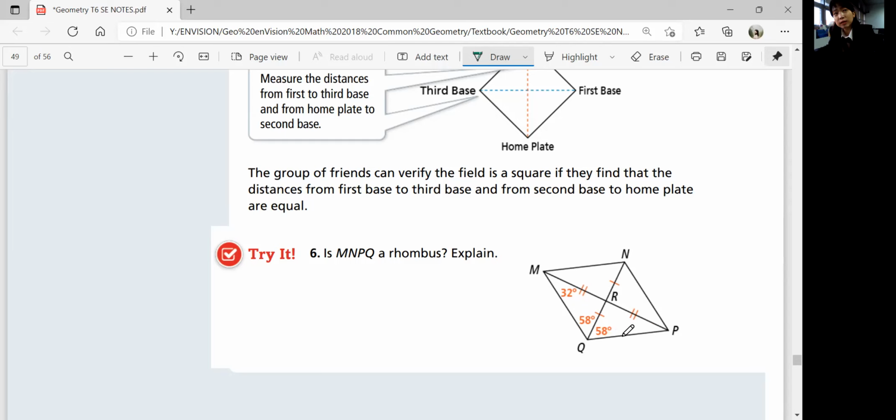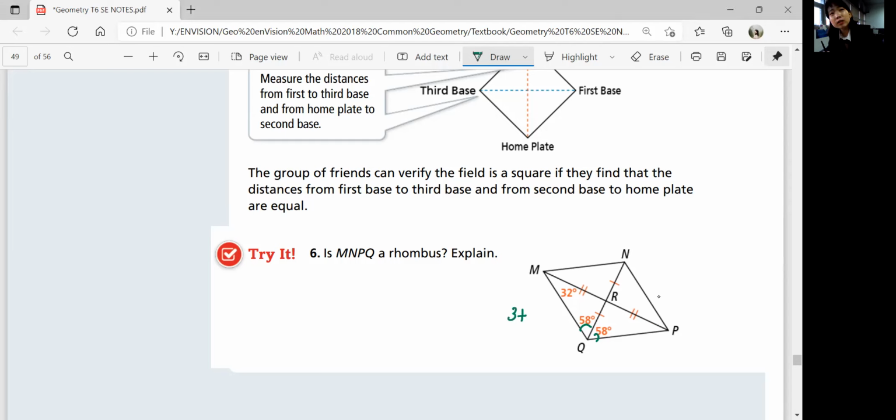Well, look at the angles over here. 58 and 58, they're congruent, right? And then what? You can also try to see if this diagonal bisects the other angles. Okay, why do you need 32 though? Because 58 plus 32 is what? 90 degrees.